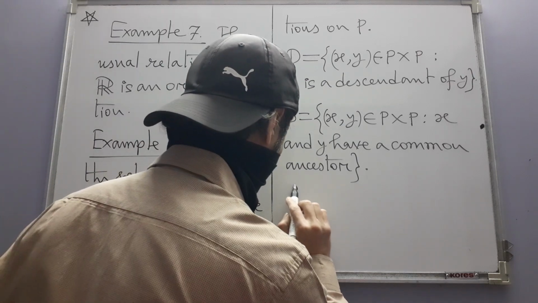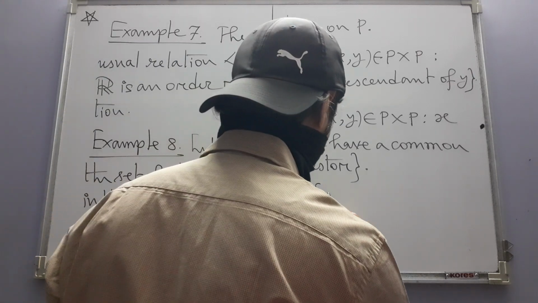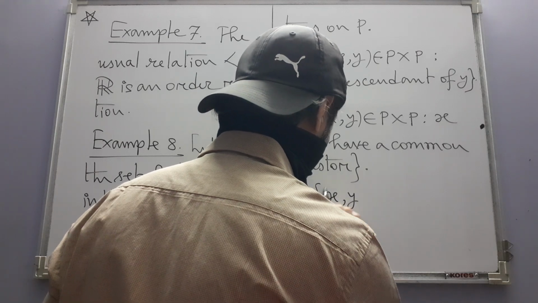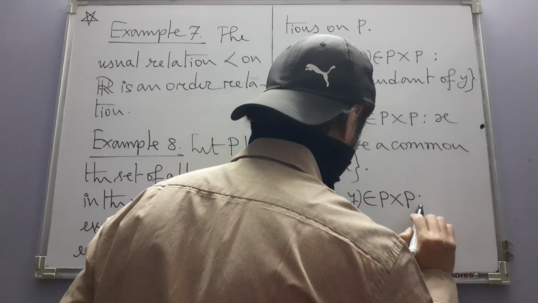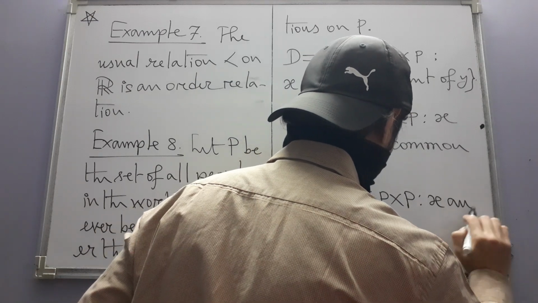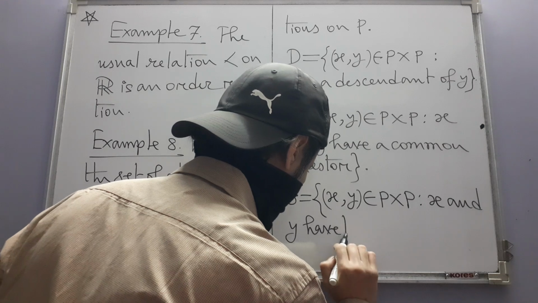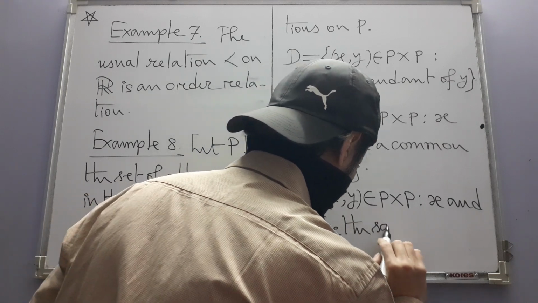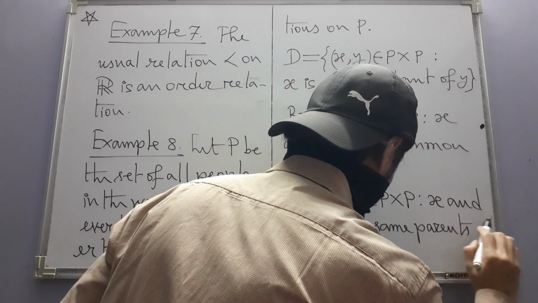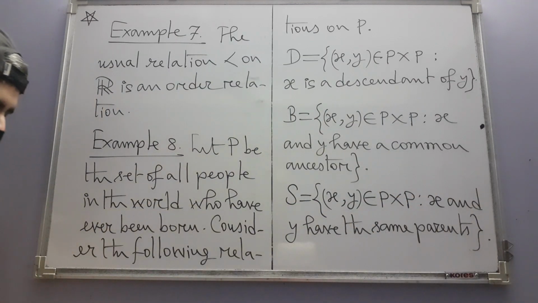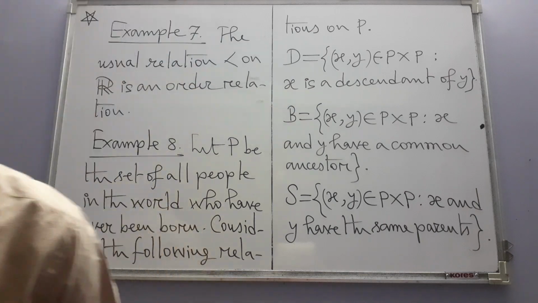And finally, you have S, the sibling relation. X and Y have the same parents. That is, they are siblings, brother, sister, brother, that type of thing.